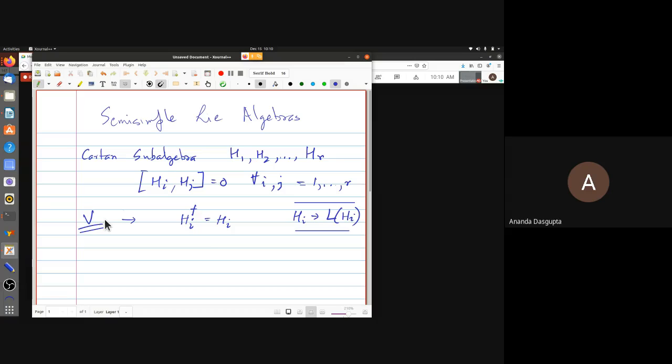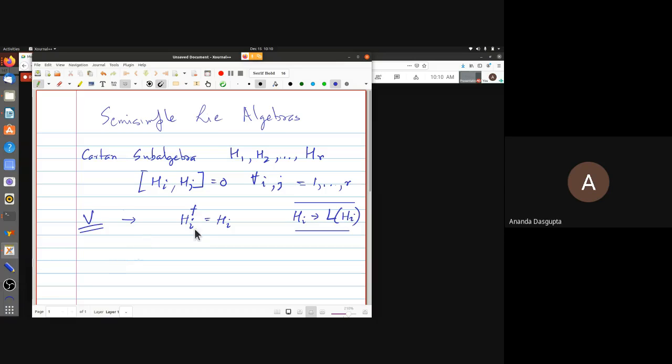But hopefully this will not really be a problem because you should be able to figure out from the context what we are talking about. So when we are talking about a particular vector space, when I say the operator Hi, I mean the linear operator which represents Hi in that particular representation.